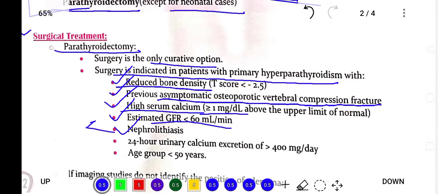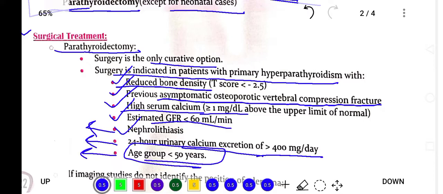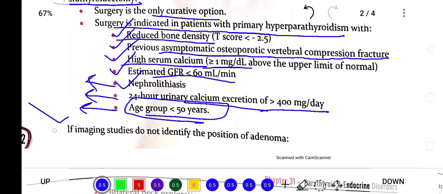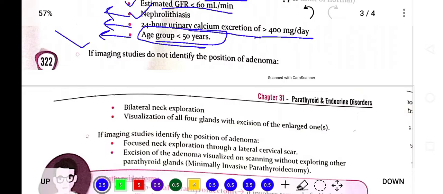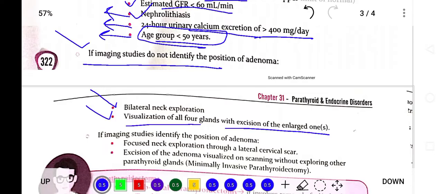Nephrolithiasis, kidney stones, can be there. 24-hour urinary calcium excretion greater than 400 indicates primary hyperparathyroidism, and the age of the patient is less than 50 years. If imaging studies do not identify the position of the adenoma, bilateral neck exploration should be performed, with visualization of all four glands and excision of the enlarged one.